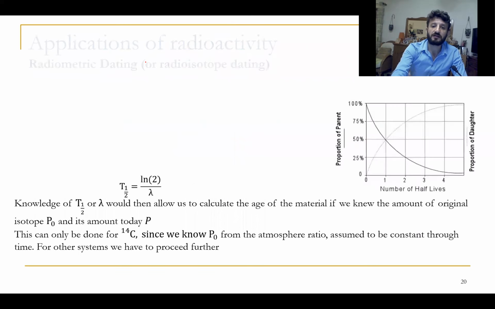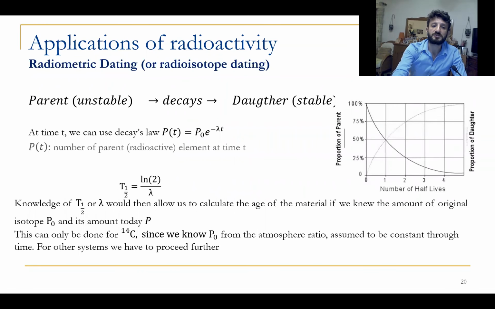Let me explain. In general, this method is called radioisotope dating. Why? Because we have to choose one parent element and one daughter element. The parent is unstable and will decay to a stable daughter element.